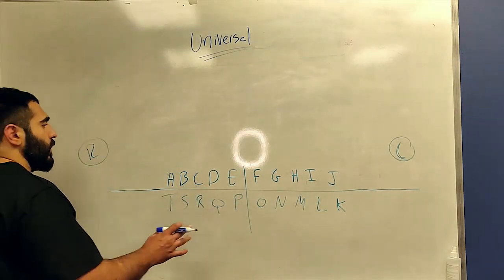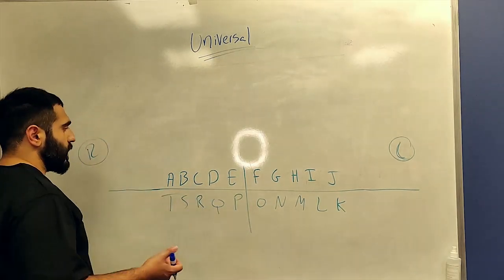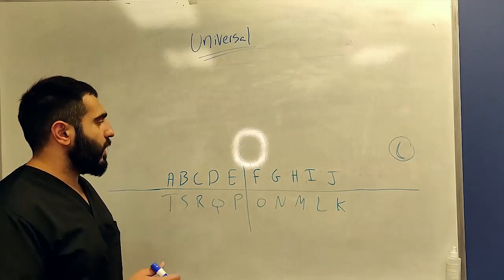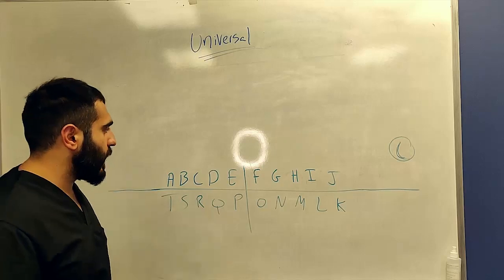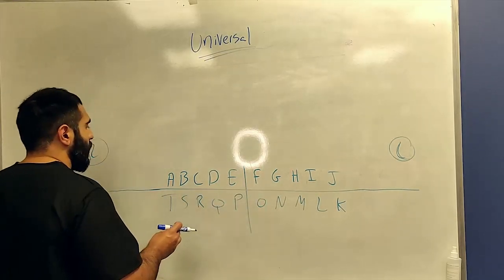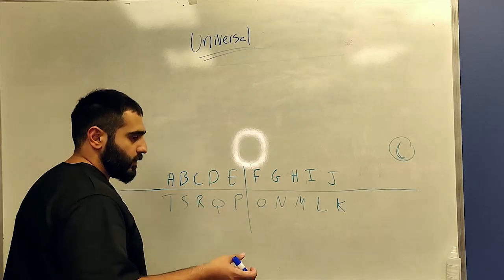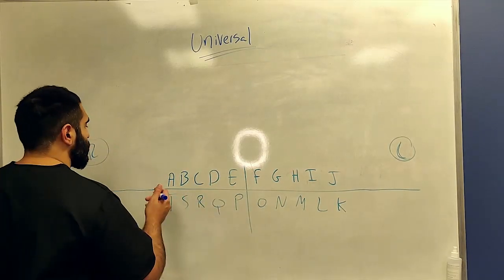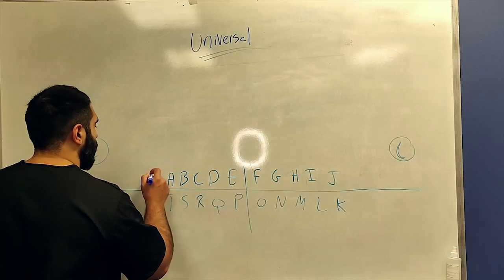So usually when you turn 6, the first teeth that come, I'm not going to be very accurate, I'm just going in general, just so you understand the concept behind it. Usually the first teeth that erupt from the permanent teeth would be your first molars. Your first molars would be number 3.